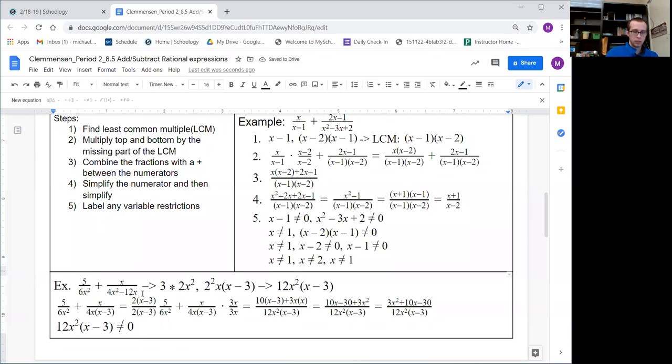Which means that I break each one into my two things. I'm going to go this way instead of down because I'm going off the paper. I get my equation: 12x squared does not equal 0.